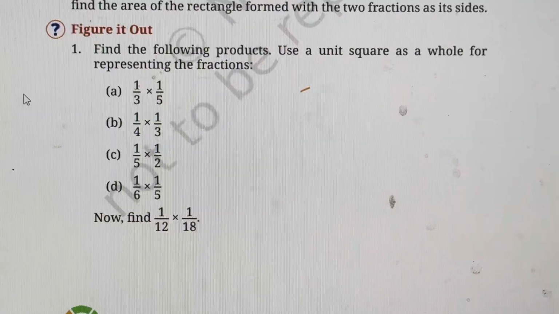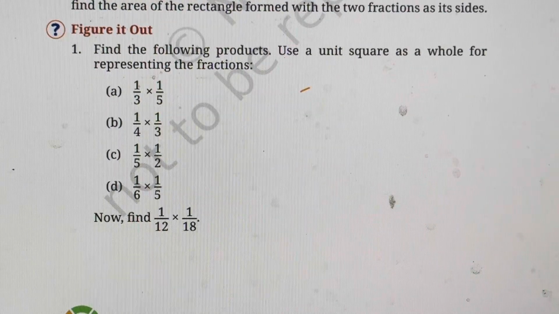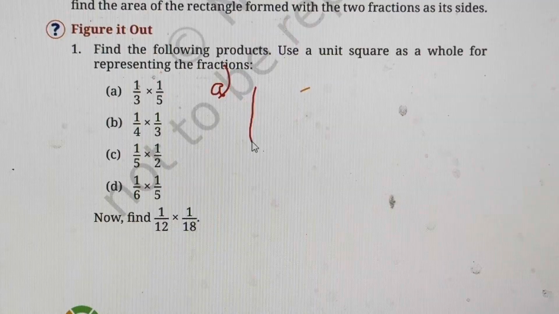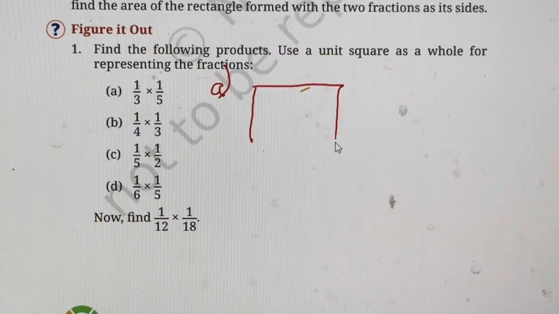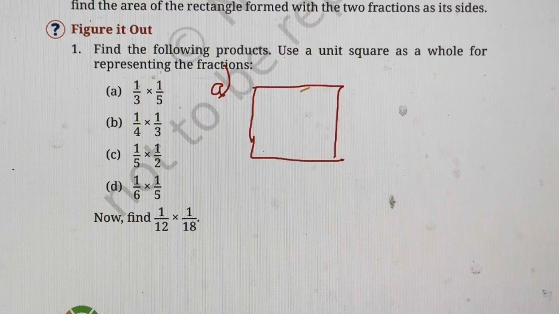Now the Figure it Out exercise given on page number 180. Find the following products. Use a unit square as a whole for representing the fraction. First we draw one square. We are first solving question A. We draw one square and we consider it as 1 unit length.